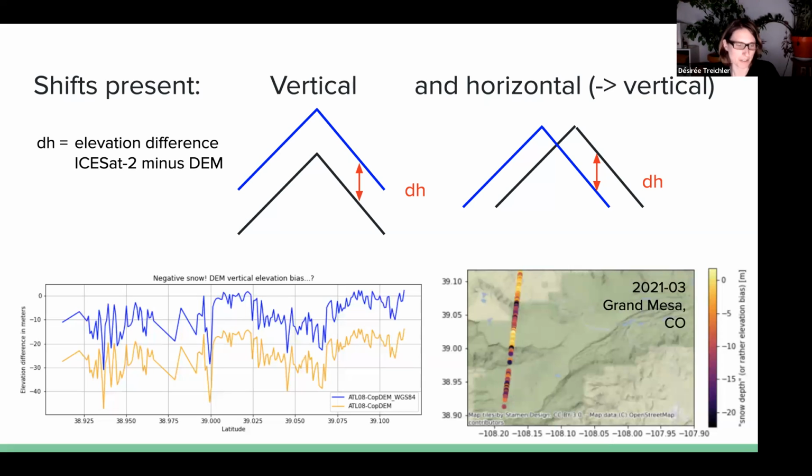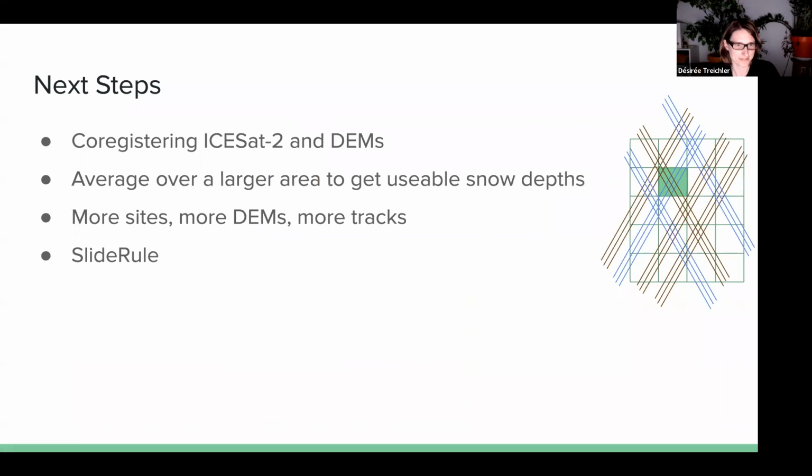I think we have both of these present in both our DEM attempts here, and probably with all DEMs that we could possibly try. So definitely we will need some co-registration to get that down to an error comparable to the snow depth we can expect, like 0.5 meter or so. Next slide, please. And I'm handing back to Karina.